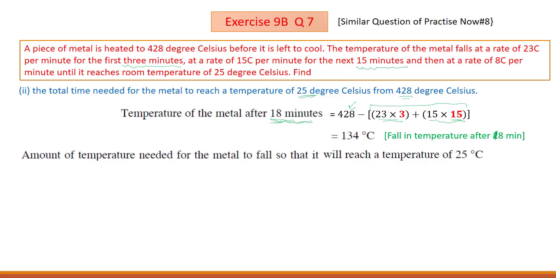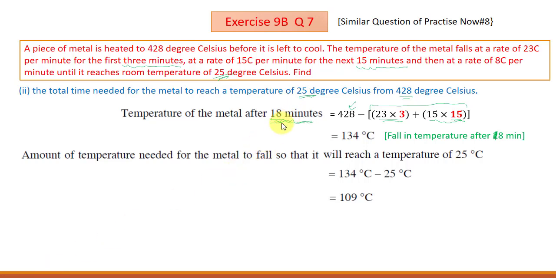Okay, now the amount of temperature the metal needs to fall so that it will reach a temperature of 25 degrees C, this is what we have to calculate. So what we will do, we will simply subtract 25 from 134 and the answer is 109 degrees centigrade.